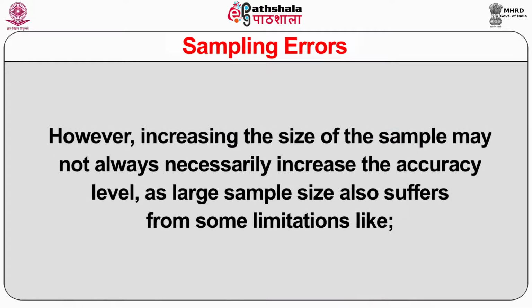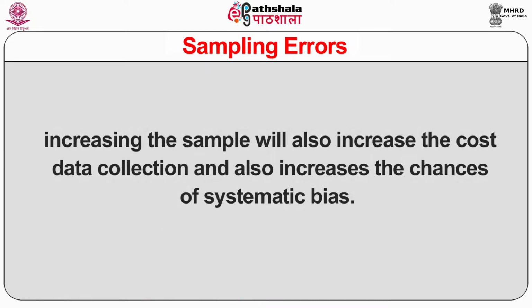However, increasing the size of the sample may not always necessarily increase the accuracy level, as a large sample size also suffers from some limitations, like increasing the sample will also increase the cost of data collection and also increases the chances of systematic bias. Thus, the better solution to increase the accuracy is found in selection of a better sampling design only, so that it produces relatively lesser chance of sampling error for a given sample size at a given cost.